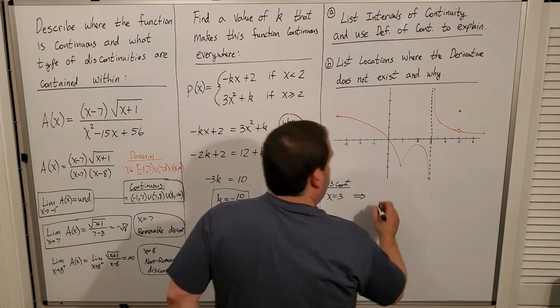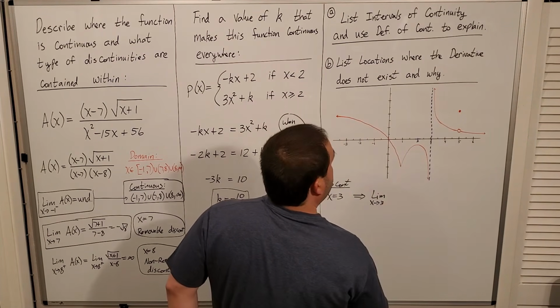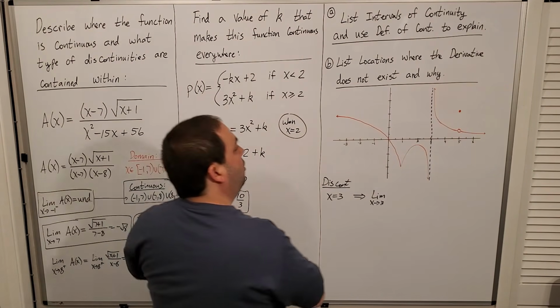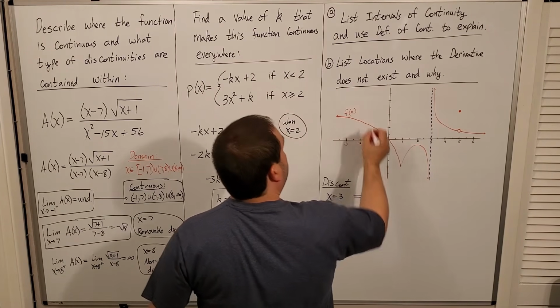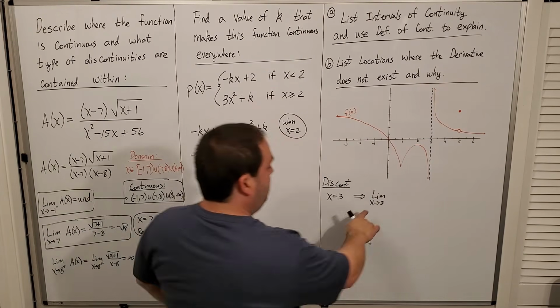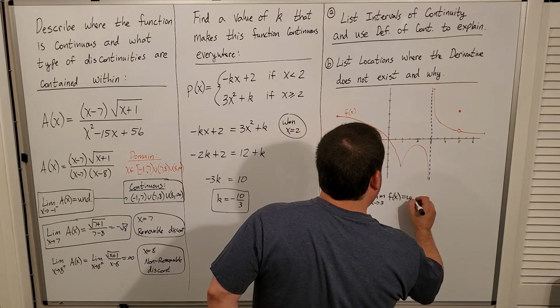Well, the limit as x approaches 3. We need to give this function a name. Let's go old school and call it f of x. The limit as x approaches 3 of f of x is undefined.